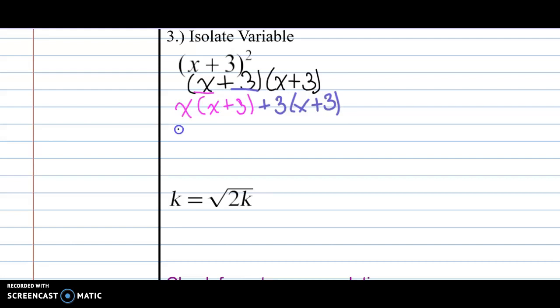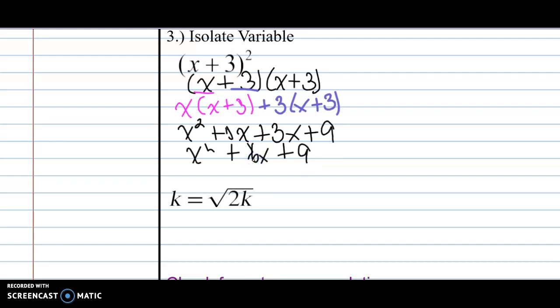x times x is x squared, x times 3 is 3x, and then 3 times x is another 3x, and 3 times 3 is 9. Combine like terms, and we have x squared plus 6x plus 9.